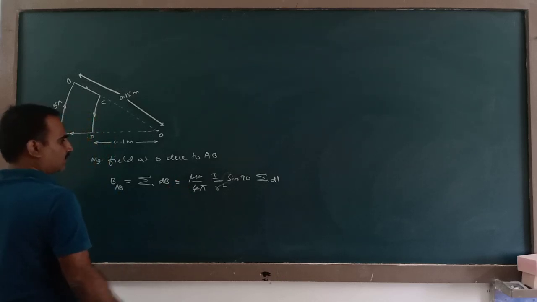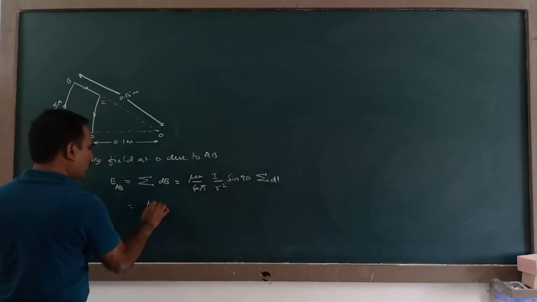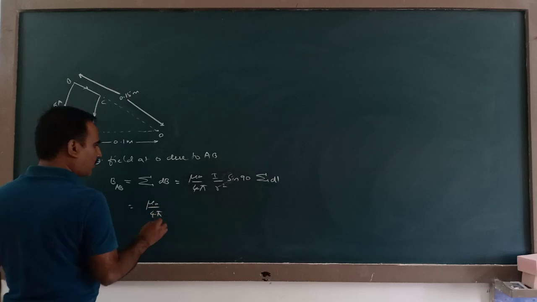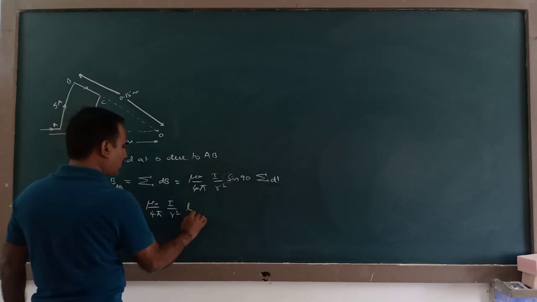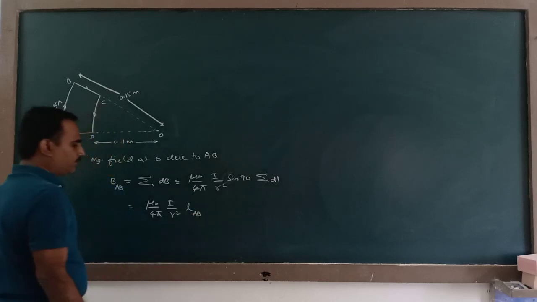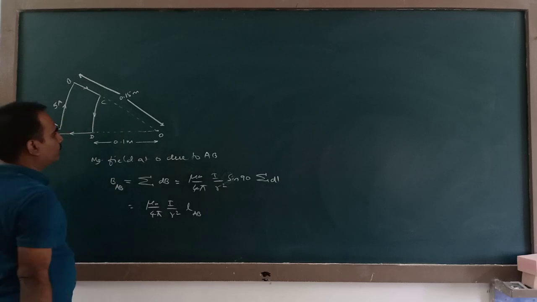Sigma dl means the length of the conductor AB. So this is equal to mu naught by 4 pi, I by r square, length of the conductor AB. How to find this length of the conductor AB?